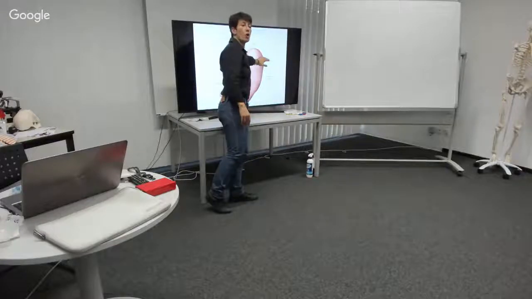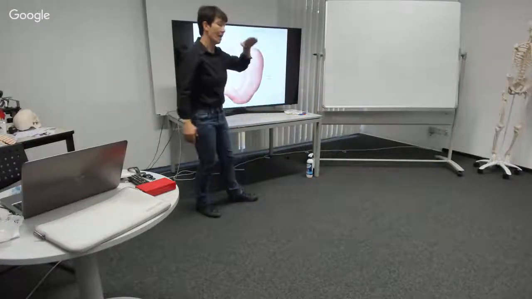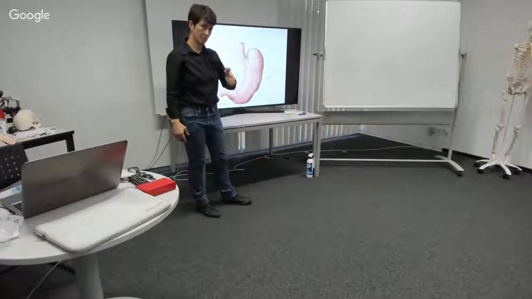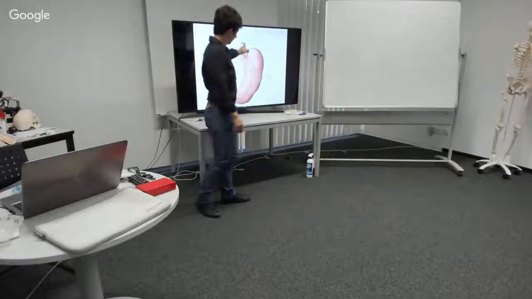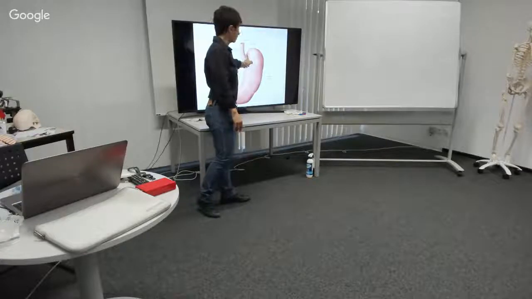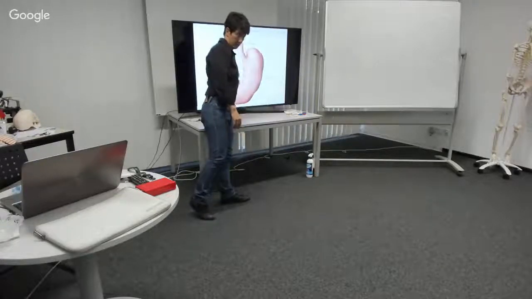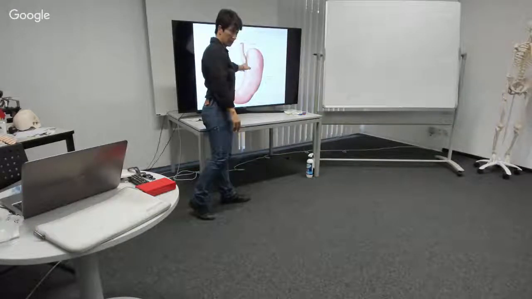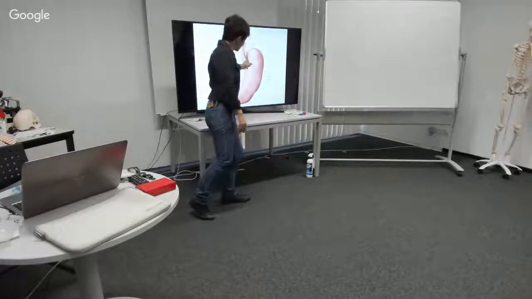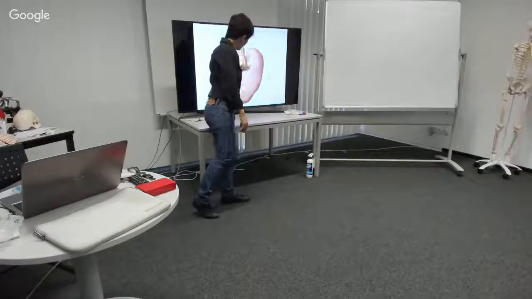Also, the left margin of the esophagus is forming an angle with the greater curvature of the stomach. Can you see this? Left margin of the esophagus and the greater curvature. Here, I have an angle.